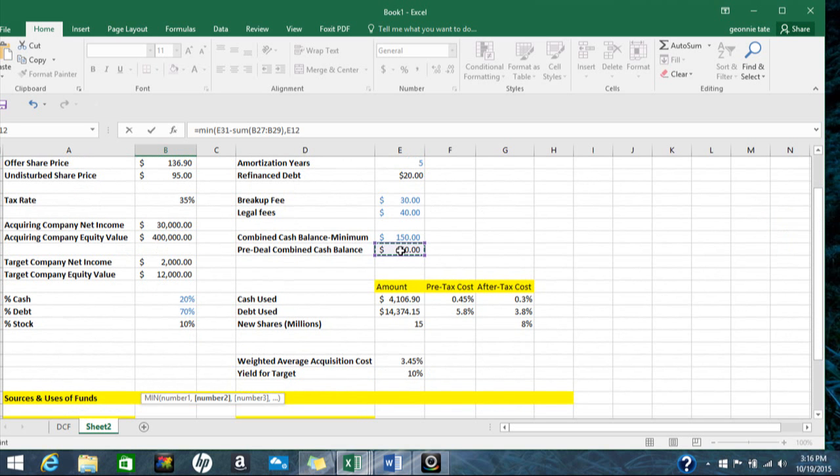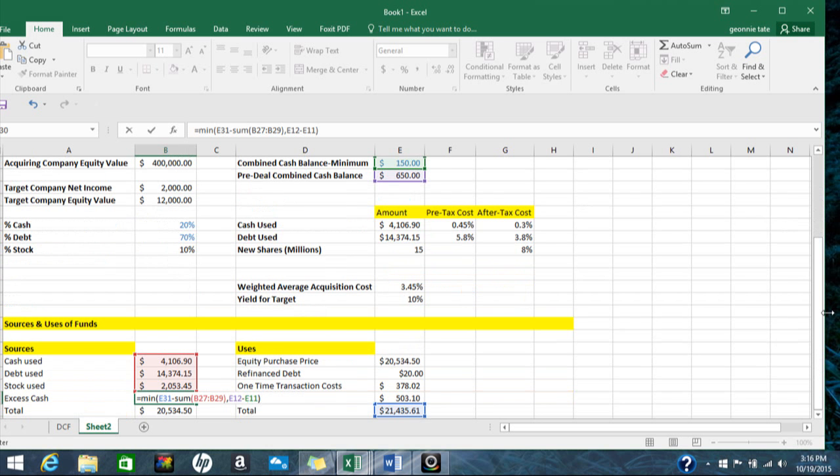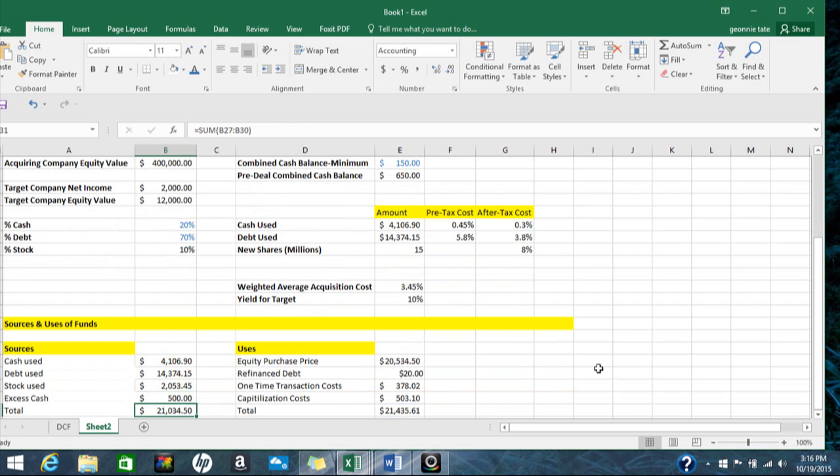It's the combined cash balance of both companies before the deal minus the minimum cash here. The whole idea behind minimum cash balance is that a company needs a certain amount of cash to operate. Let's see what that gives us. It gives us 500.